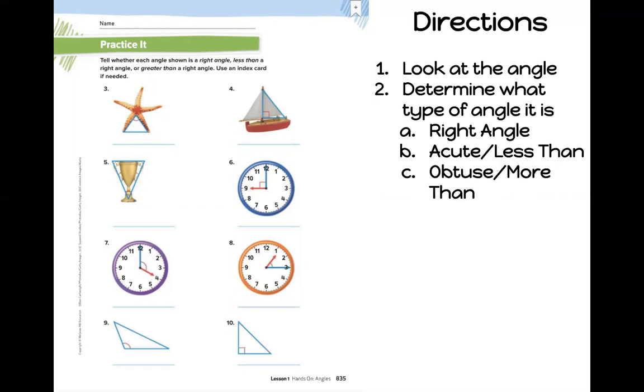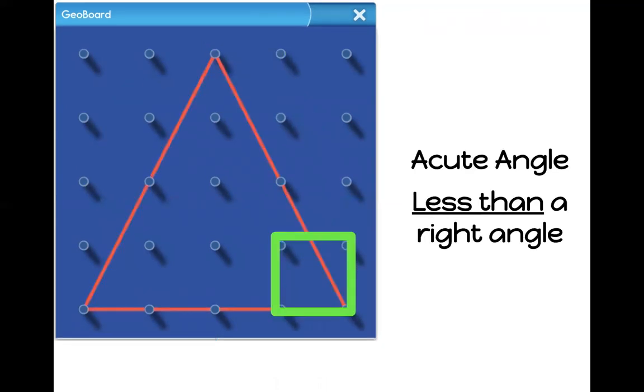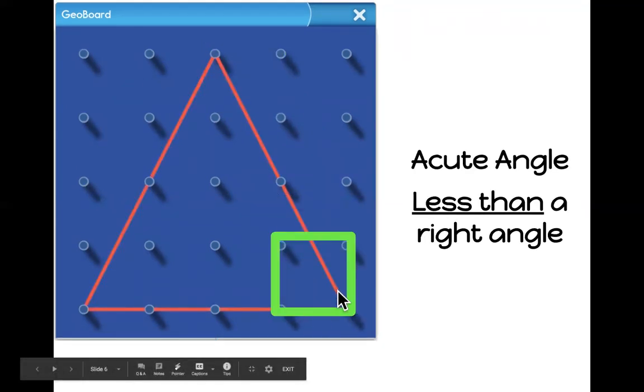It's your choice. If you need to, just like I did on the previous slides, you could use a piece of paper that already has a right angle, and put it up to the shape and ask, do I see the angle outside, just like in this example for the obtuse, or is it inside, as in the triangle, where the line of the angle is inside the right angle?